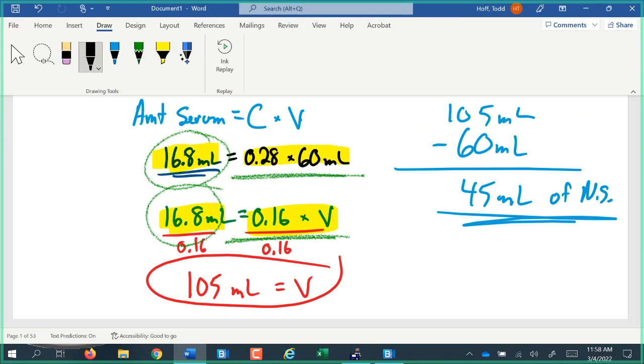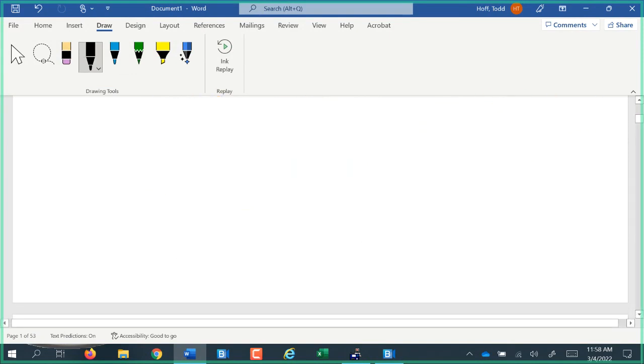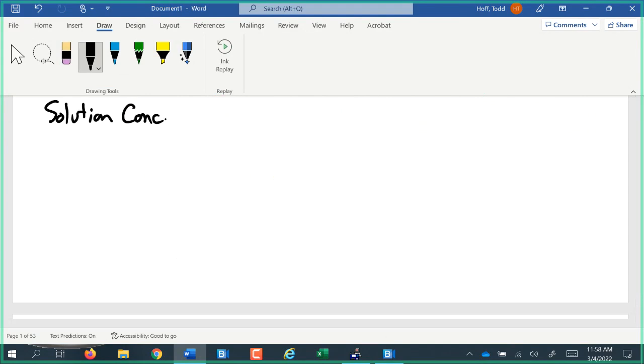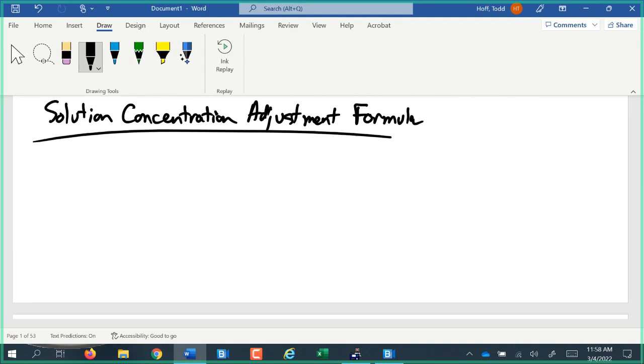And what it comes down to is something called our solution concentration adjustment formula, or it could simply be put as the change of concentration formula.